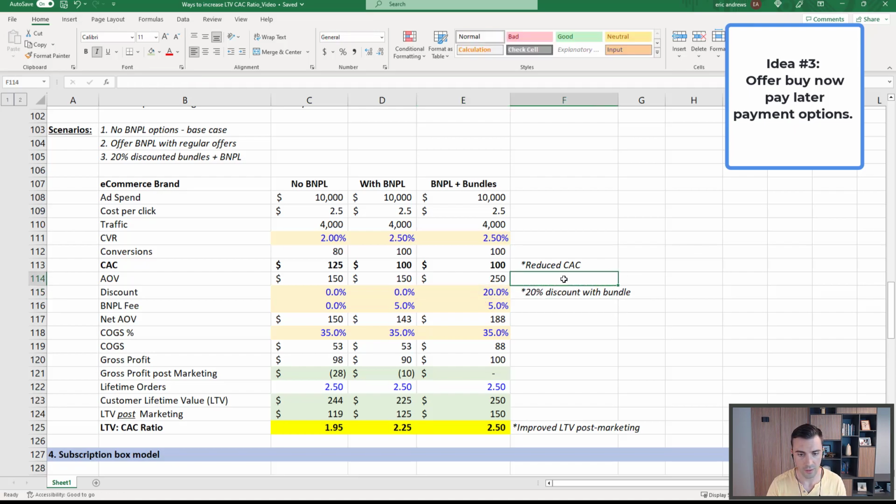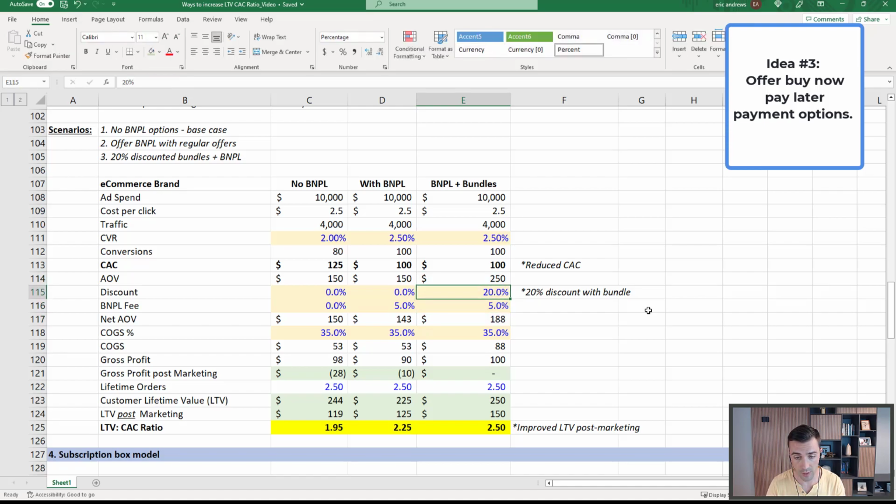So we have that here. And then the buy now, pay later fee, in this scenario it's 0, but here it's 5% and here it's 5%. So the company actually only makes $143 because they have to give the payment processor 5%. And the company here takes out the 20% discount and the 5% fee. So they only end up collecting $188.